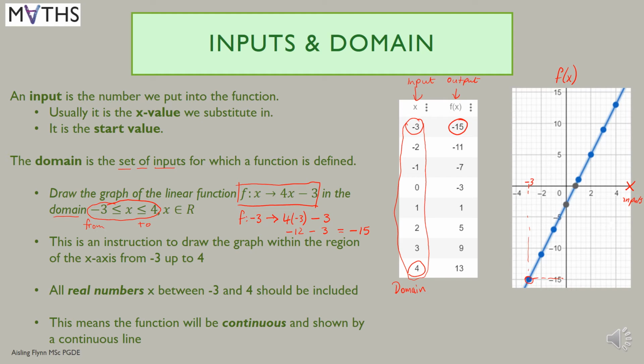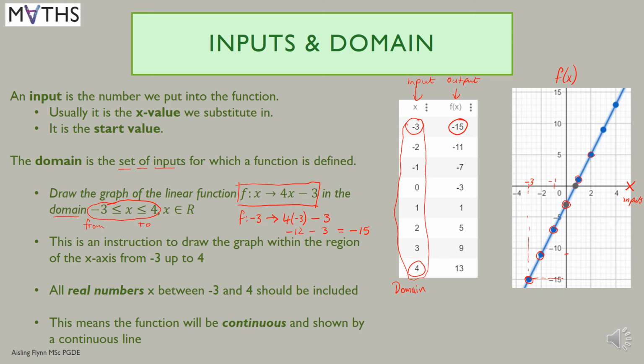And so on. Minus 2 from the table gave us minus 11, which is this one. Minus 1 gave us minus 7. 0 gives minus 3. 1 gives 1, that's that one there, because we've two different scales here, and so on.